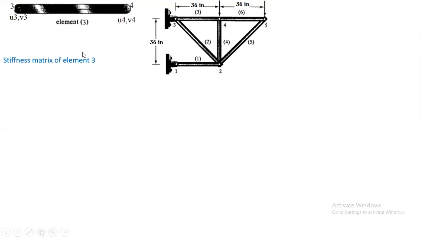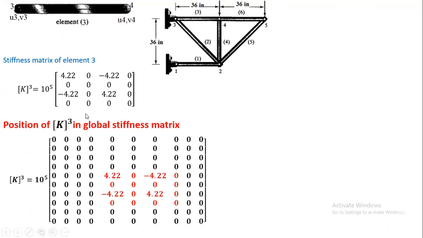You can see here, this is the stiffness matrix for the third element. Now in global location, you see this one is corresponding to 3, here it is u3 v3 u4 v4. The location of u3 is on the fifth row. Okay, that is u1 v1 u2 v2 u3 v3.